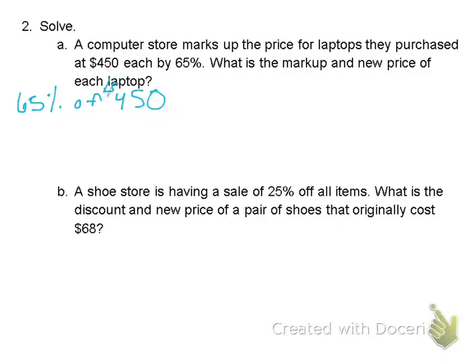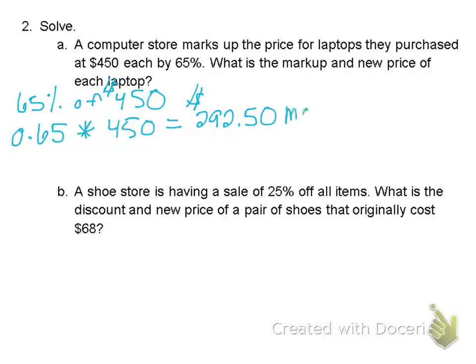So if we rewrite that as a mathematical equation, change the percent to 0.65, of means multiply, and then 450. If we plug that in on a calculator or multiply it out on your paper, it comes out to 292.5. So that's $292.50.